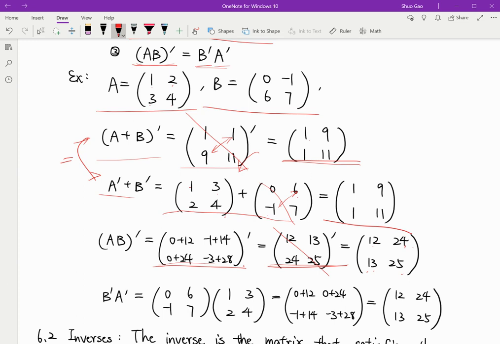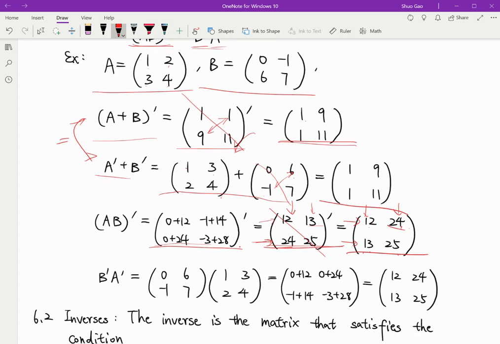We interchange the position of 13 from 1, 2 to 2, 1. And 24 goes from 2, 1 to 1, 2. So this is the result of A times B and then transpose.